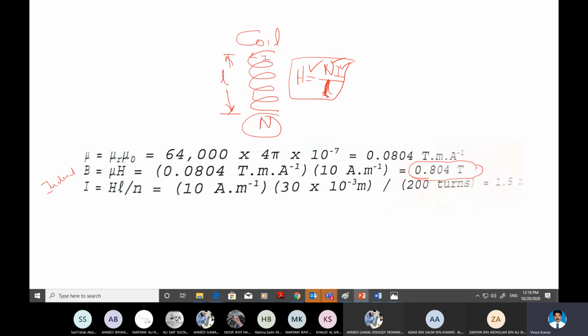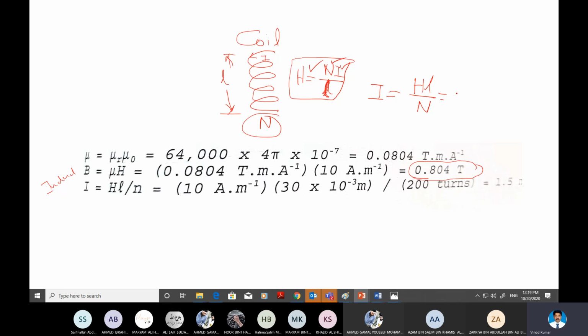This is a general equation, but when we come to our test, depending on the specific conditions, we may add constants to this equation. But here, since it's a general question, we need to find I. From here, we can write I equal to HL divided by N.